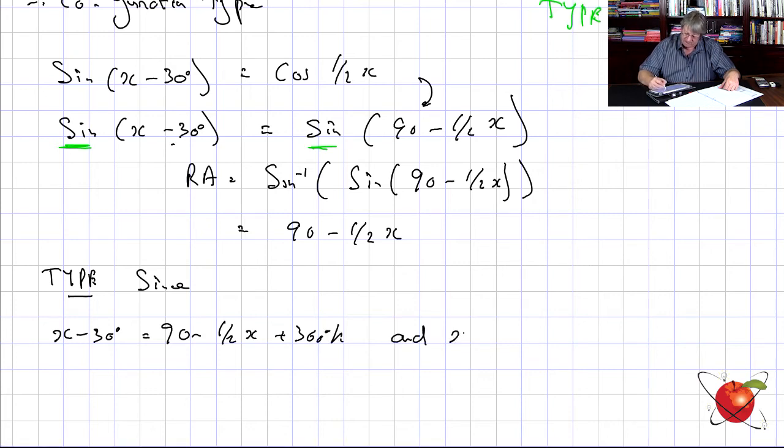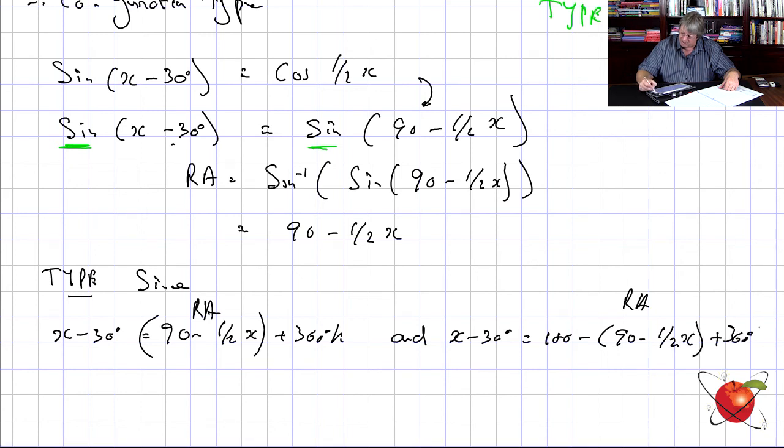And x minus 30 degrees equals 180 minus the reference angle. There it is. Here's the RA. There it is. Plus 90 minus a half x plus 360 degrees k.